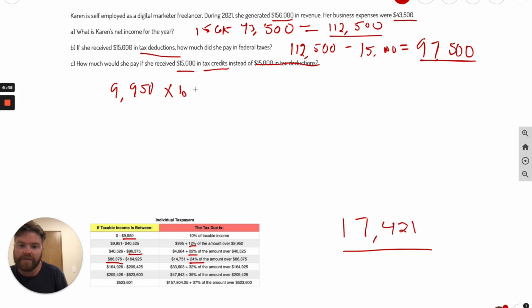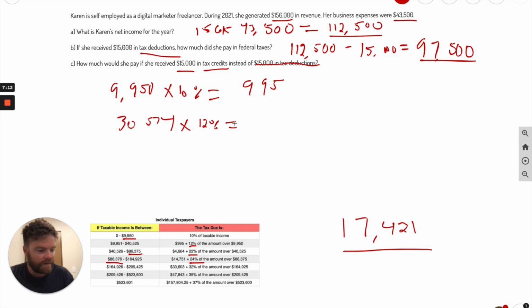So times 10%, 995, and then if you recall, we're just going to do the same thing as we did before. 40,525 minus 9,951, which is 30,574 times the 12%, just like we did before. We're going to round that number up, which is going to be 3,669.